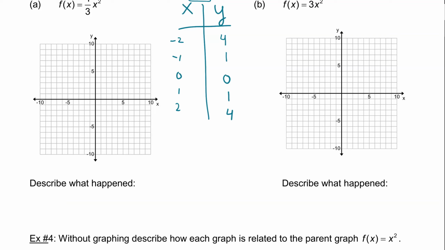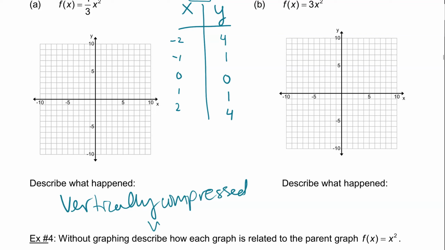It's kind of like if you already have your arms like this, and I press down, they get pushed wider. All right, so this is vertically compressed, and it gets wider.